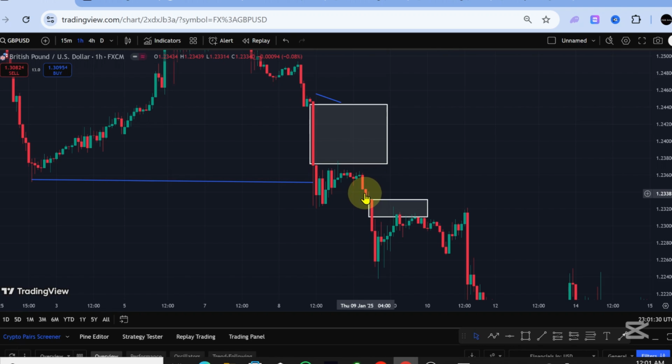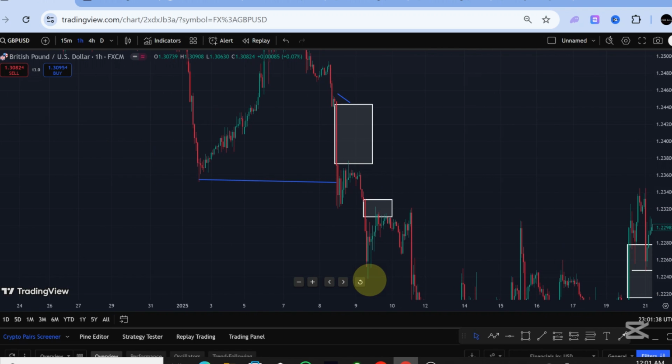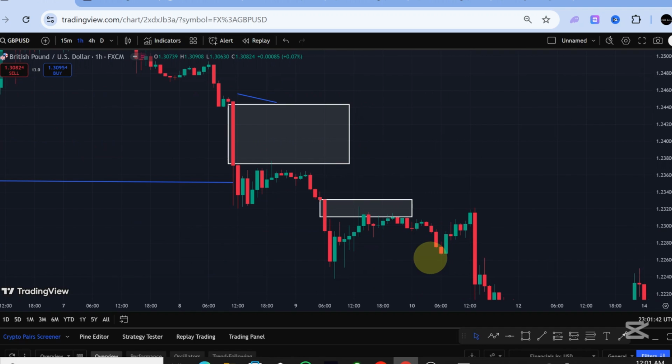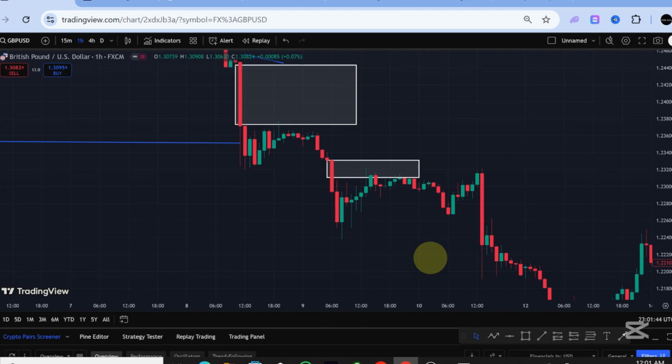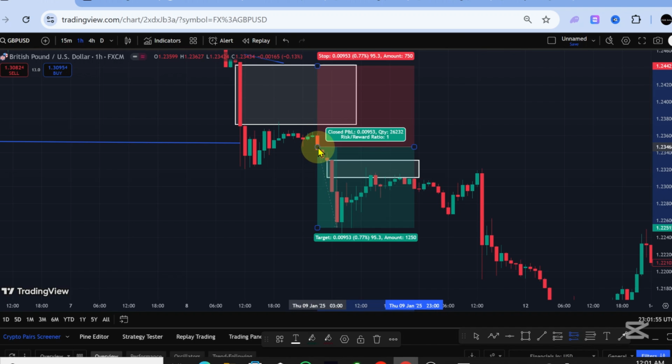You can simply enter at this particular place and put your take profit at the previous lowest level. When there's no lower level, you can simply make use of something like a 1.4 to 1 ratio. So when the market gives this bearish engulfing candle, you can simply enter at this particular place and make use of a 1.4 to 1 ratio.